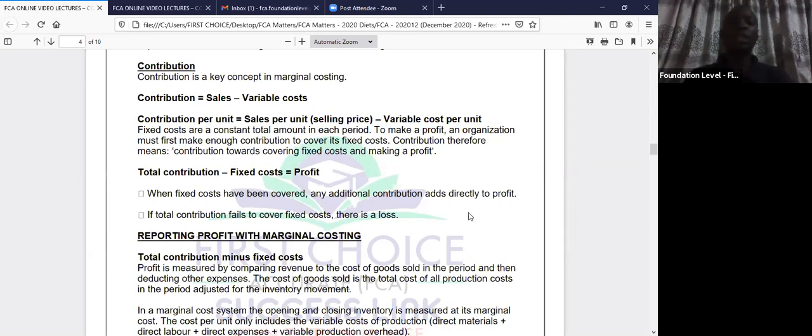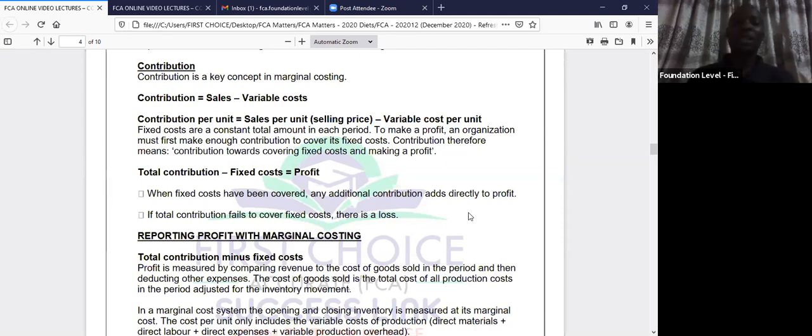Normally, we say profit is sales minus costs, and that cost could be variable cost and fixed cost together, which gives you profit. But when you strip out the fixed costs and you say sales minus variable costs, you get marginal profit, which is called contribution.